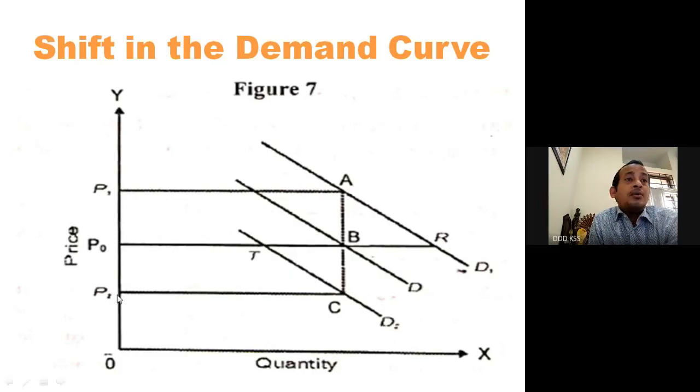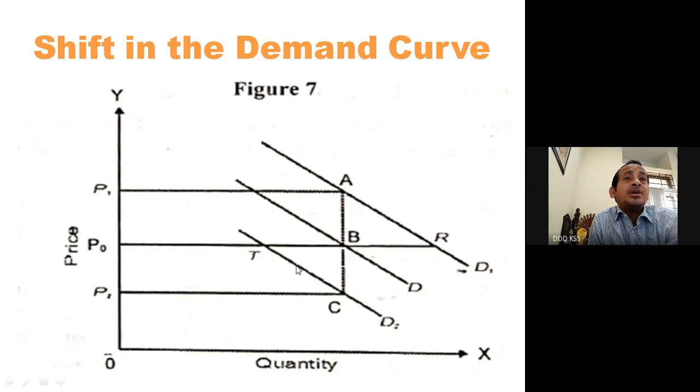Now say for example, if the price again increases from P2 to PO, then in that case the consumer may purchase less amount of goods. This is PT, the point T. So the consumer can purchase this much of goods.